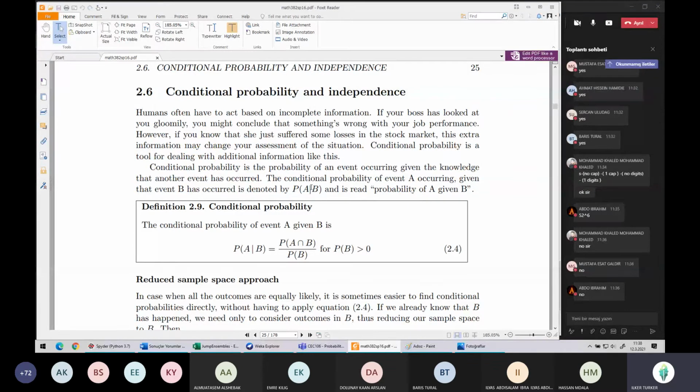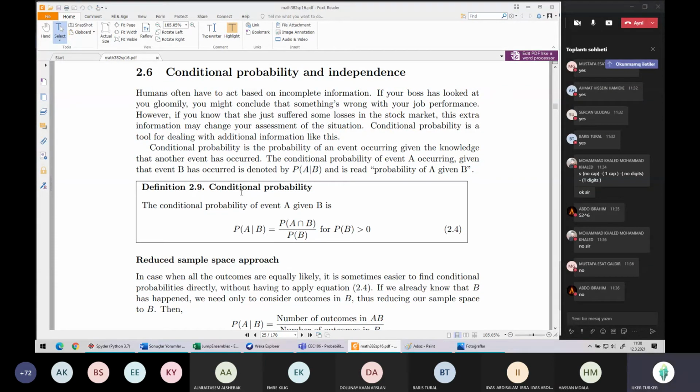The right side of the vertical line is the given event, and A is the probability we want to find. P(A given B) is formulated as P(A intersection B) over P(B). Don't forget, the denominator of the expression is the right side of the probability. The given part is the denominator, for P(B) greater than 0.